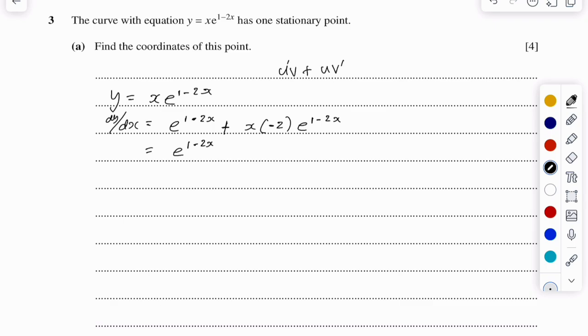Alright, and if we take that out as a common factor, we're going to have 1 minus 2x, that's being times by, right? Okay, so we've got that.